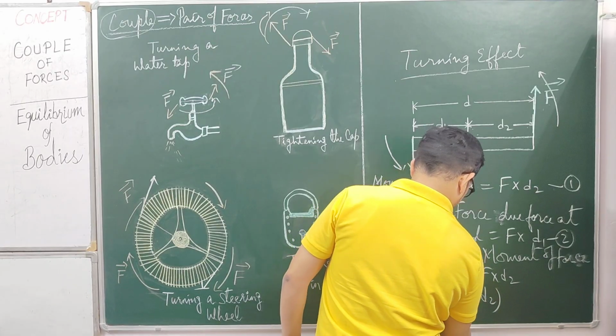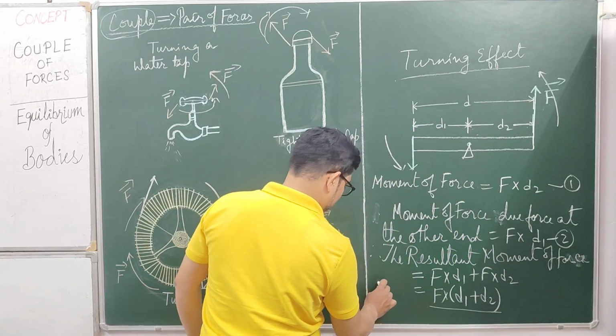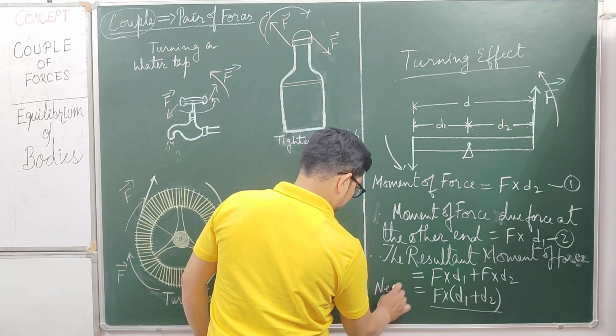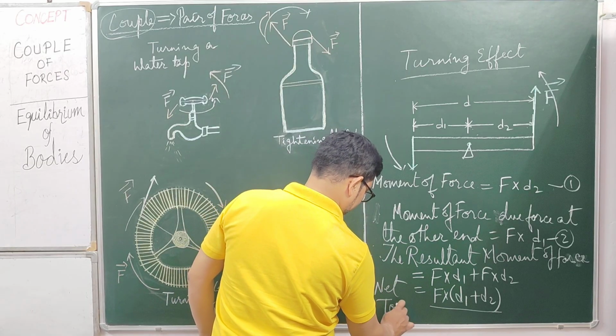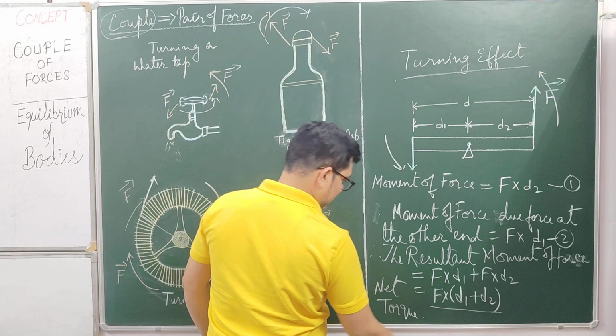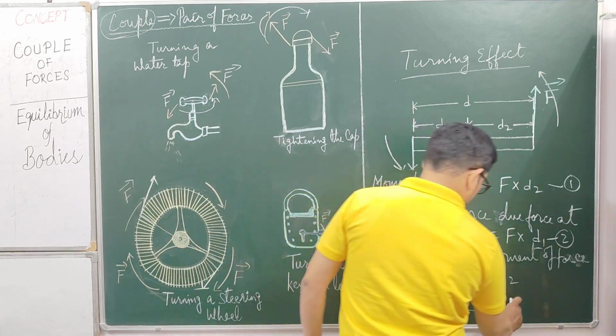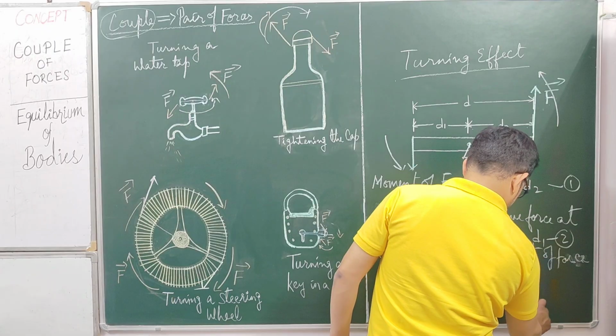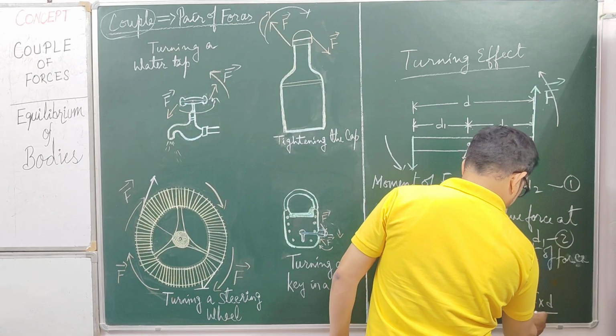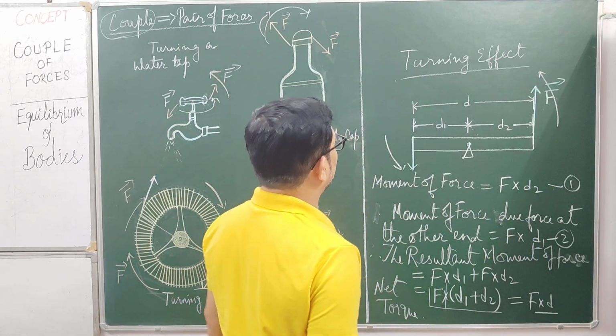So F times (d1 plus d2) is the net torque, which means the magnitude of force times the total perpendicular distance separating the two forces.